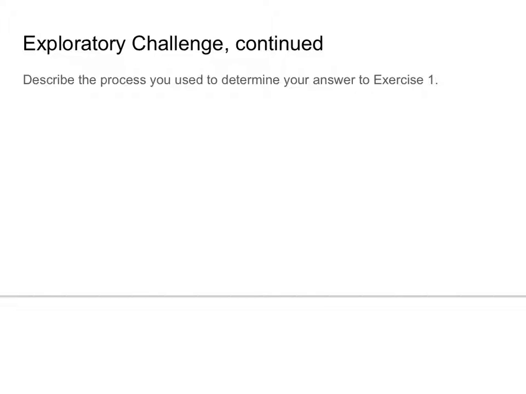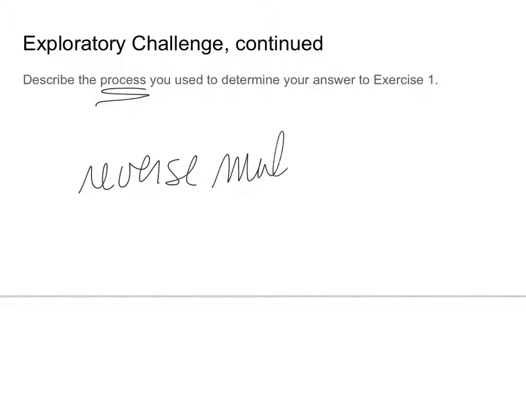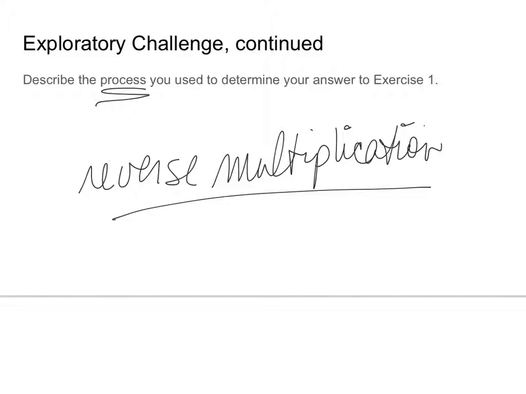Describe the process you use to determine your answer to exercise 1. The process is really the reverse of multiplication. We could write down every step we did on the last slide, which might take a little bit of time, but we're reversing the multiplication.